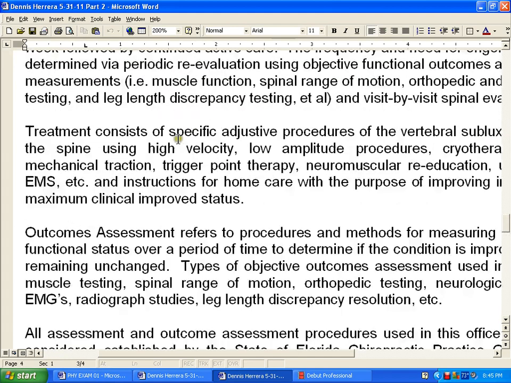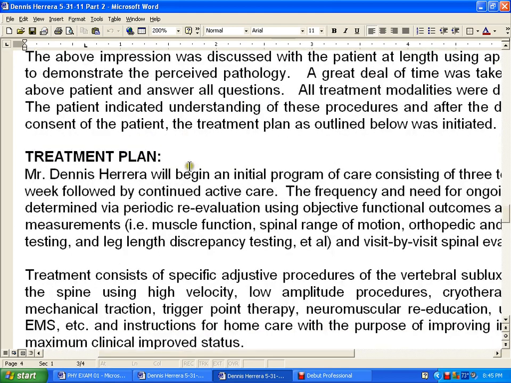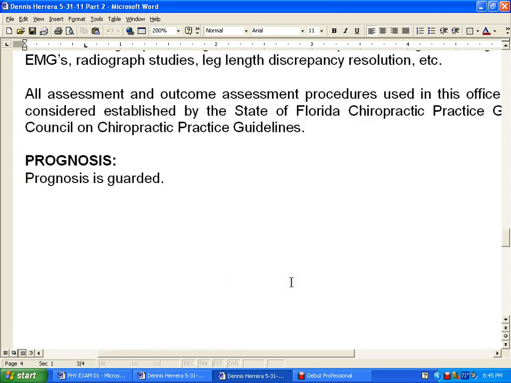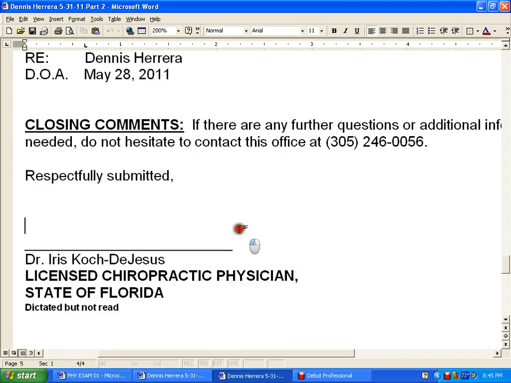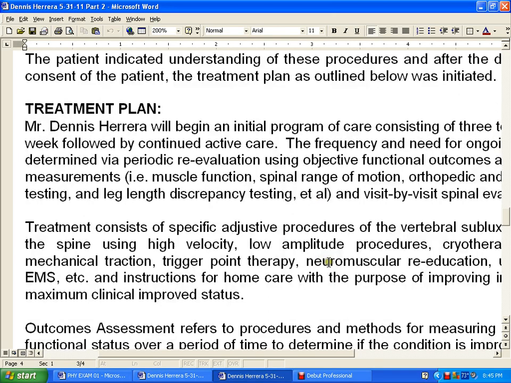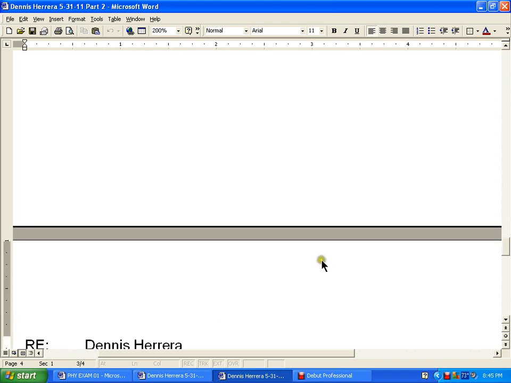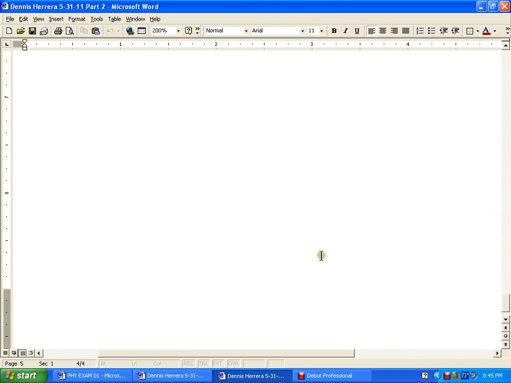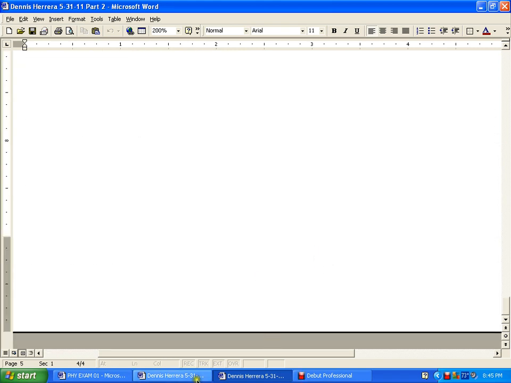You see, all these other things, whatever treatment the doctor gave is already part of the template. You just have to fill in the patient's name, and that's it. And in this case, I guess there wasn't any recommendations, and sometimes there aren't.